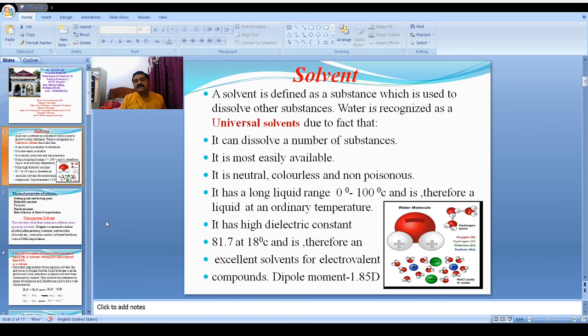Here we are taking water, which can be seen in the figure. The water molecule shows oxygen and hydrogen. If we ionize the water, it gives H positive and OH negative.